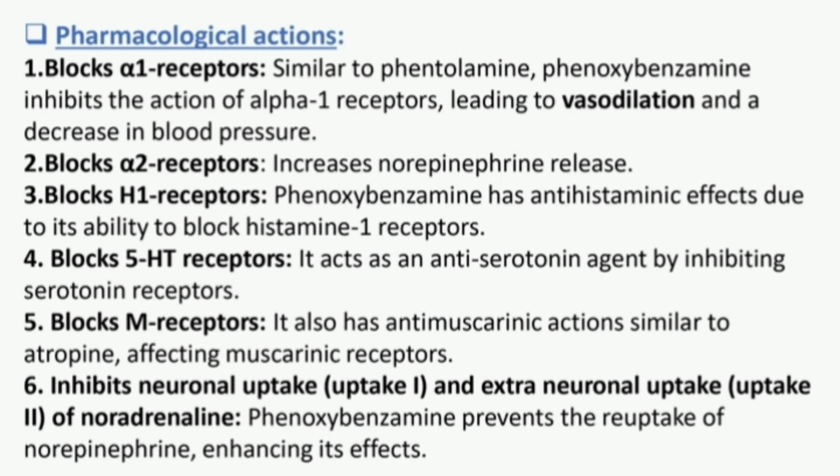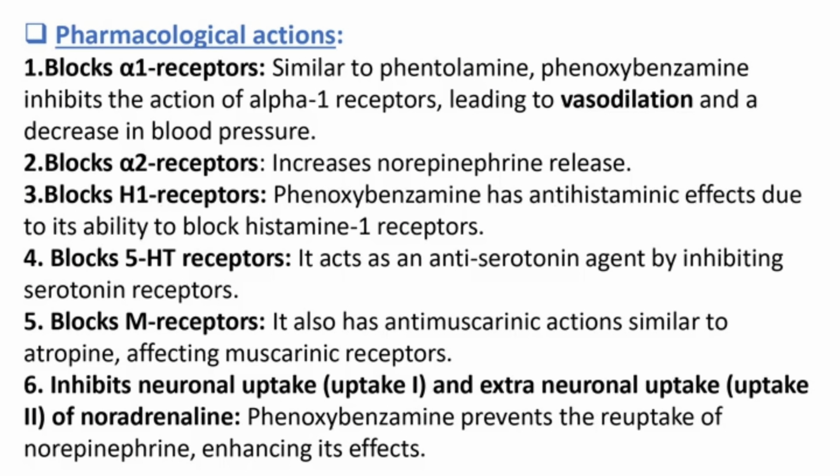It also has anti-muscarinic action similar to atropine affecting the muscarinic receptors. The last action is inhibiting neuronal uptake and extraneuronal uptake of noradrenaline. Phenoxybenzamine prevents the reuptake of norepinephrine and enhances its effects. Okay, these are the main pharmacological actions. Please be thorough with these actions.